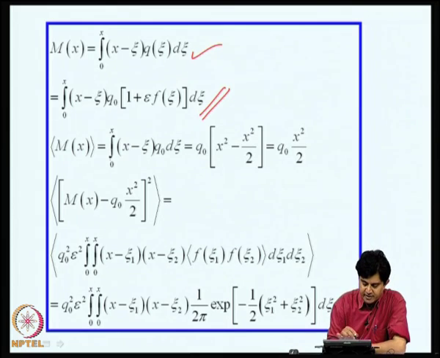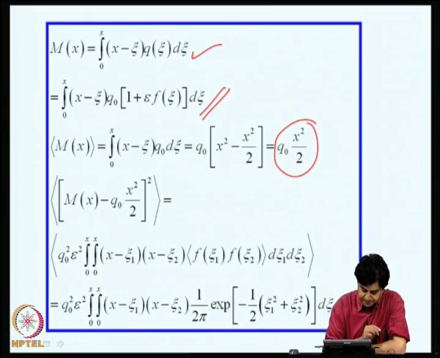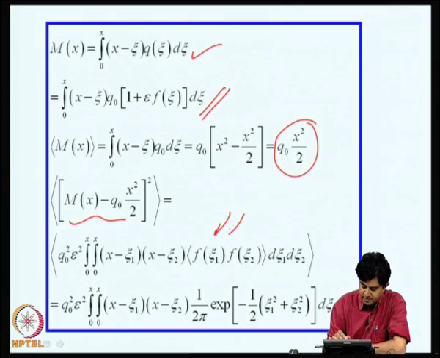Now, the mean of m of x is given by this. We are told that the expected value of f of psi is 0, therefore, the mean value will be q naught x square by 2. Now, I will deduct q naught x square by 2 from m of x as here, square it and take the expected value. I get the variance of bending moment at x, and this is the expression that we have to deal with.